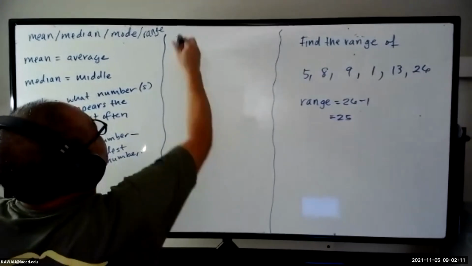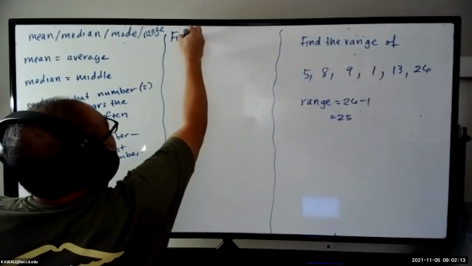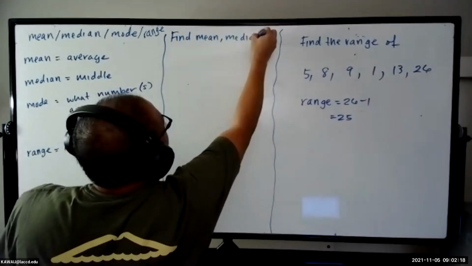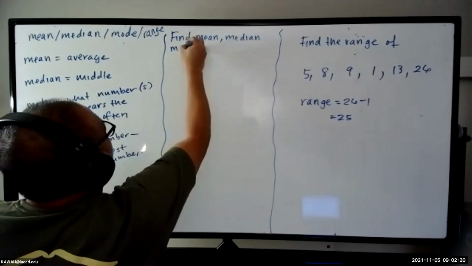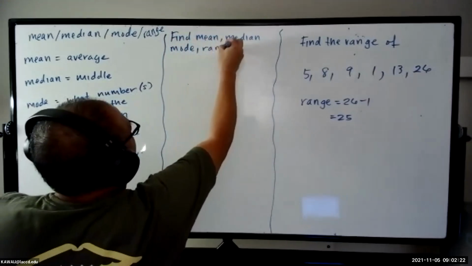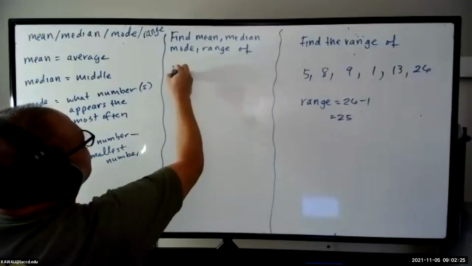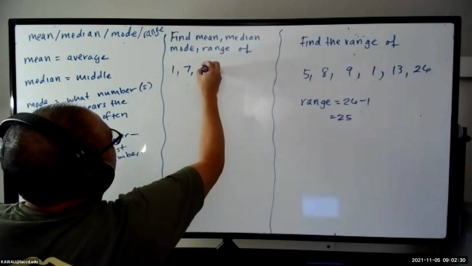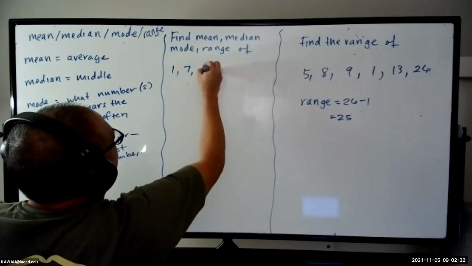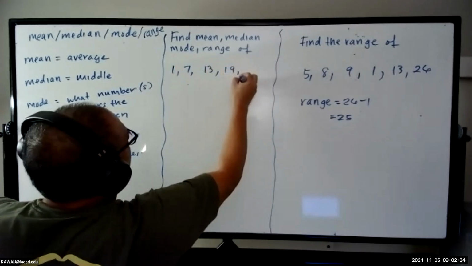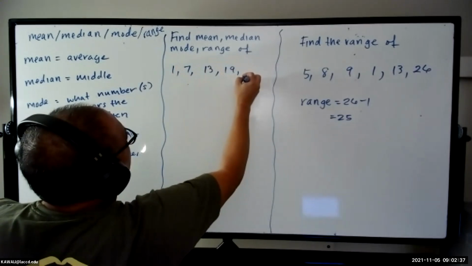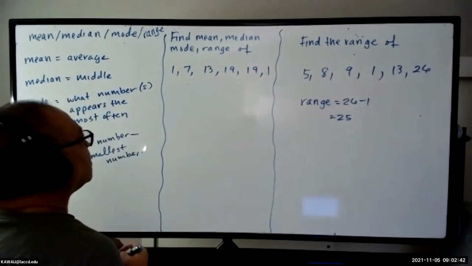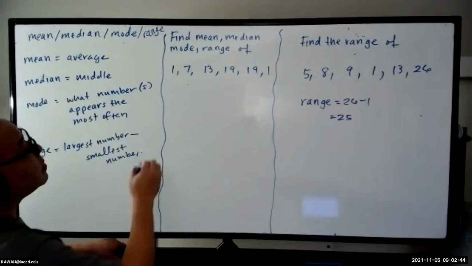So let's go find mean, median, mode, range of 1, 7, 13, 19, 19, 1.